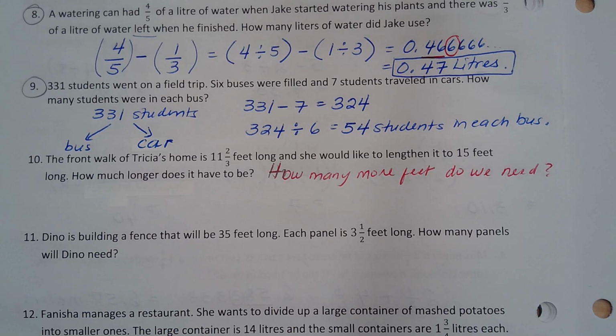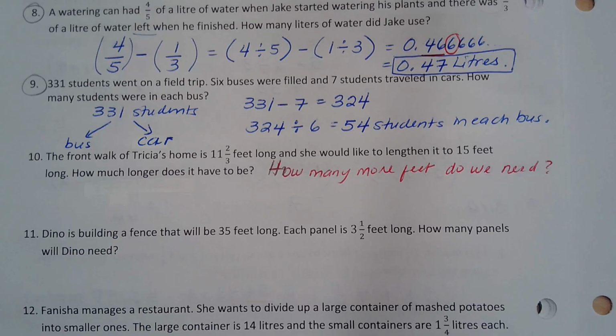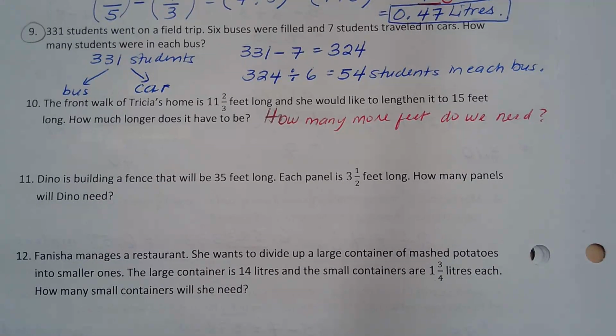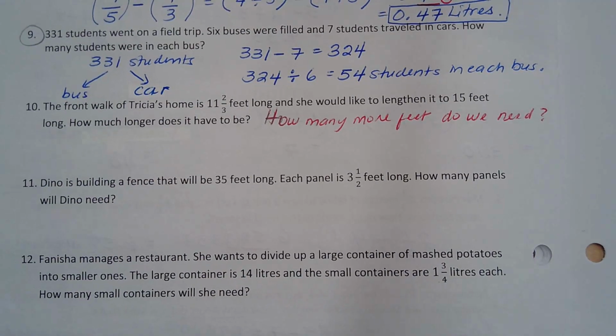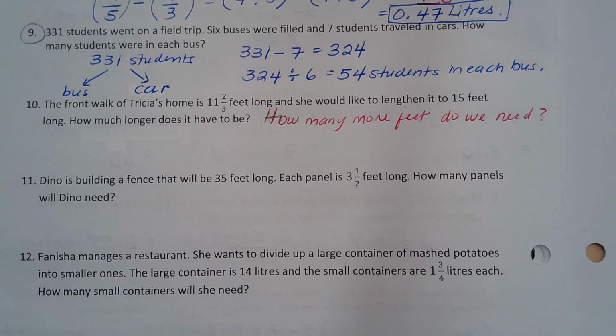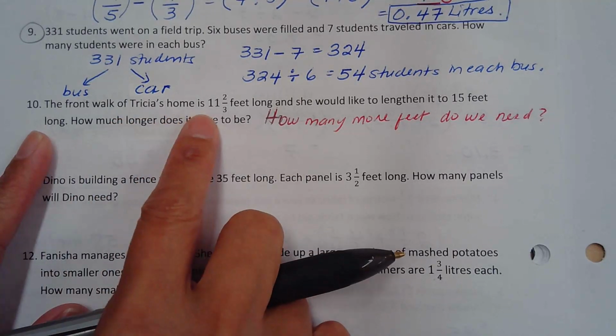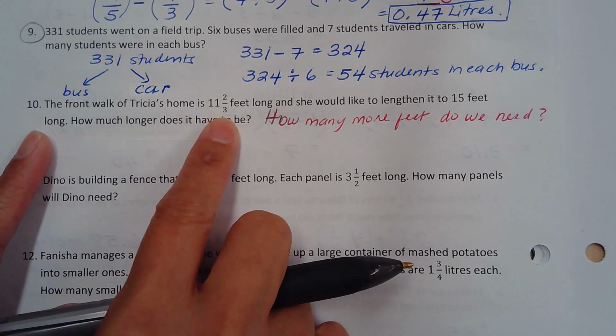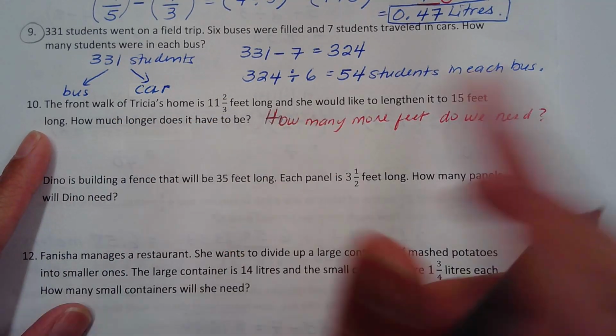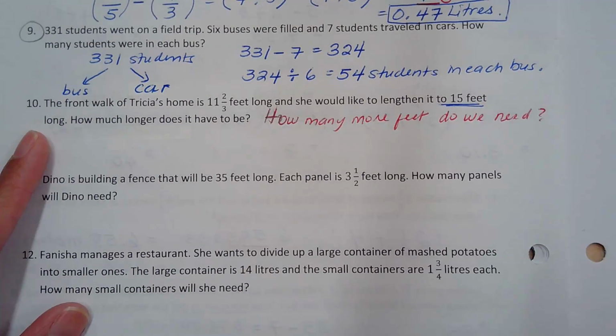Okay. Would you like us to go over number 10? Yeah? Let's do that. Okay, because this is a weird question, and I tried to figure out how else we can say it properly. So the front walk of Trisha's home is 11 2/3 feet long, and she would lengthen it to 15 feet.